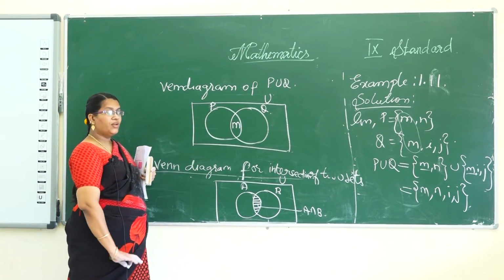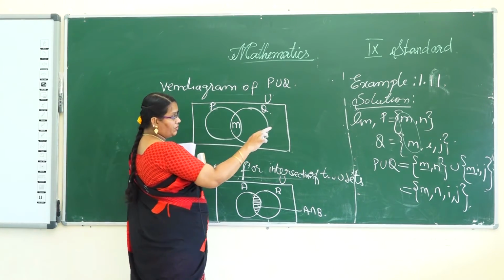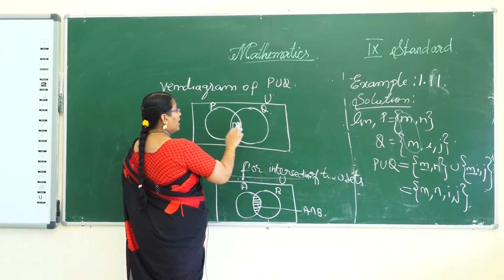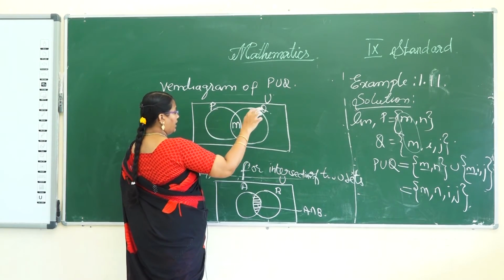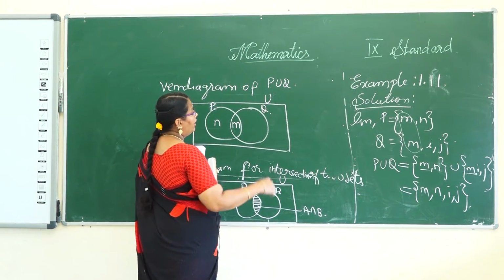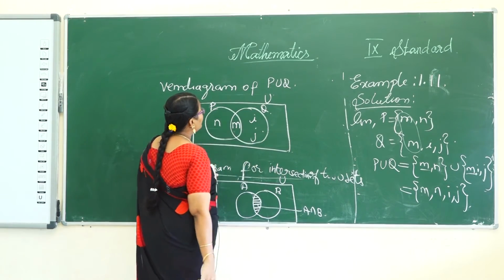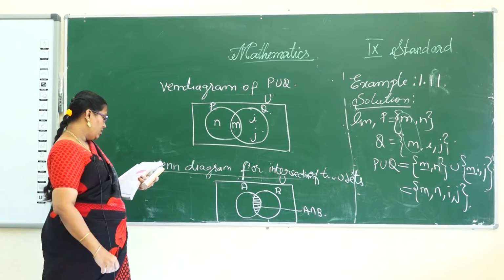Afterwards you write the remaining elements in set P: N, write in this place. And in Q, the remaining elements are I and J. That is the Venn diagram for P union Q.